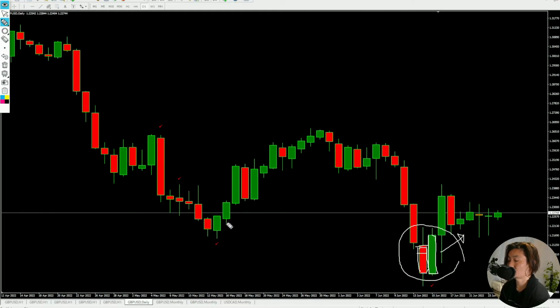And at this point right here, we've got another engulfing pattern. What you want to notice is that this first candle is about 80% of the second candle. However, the reason this qualifies to me as a legitimate engulfing candle is because of the other elements of these candles.